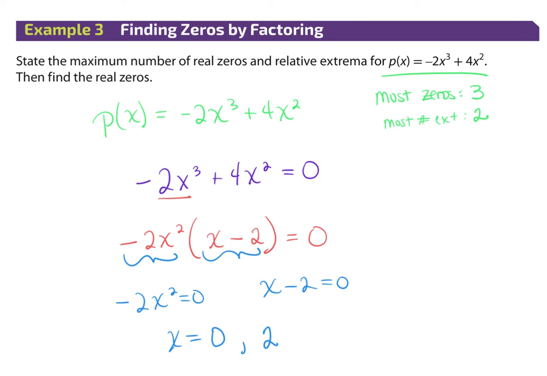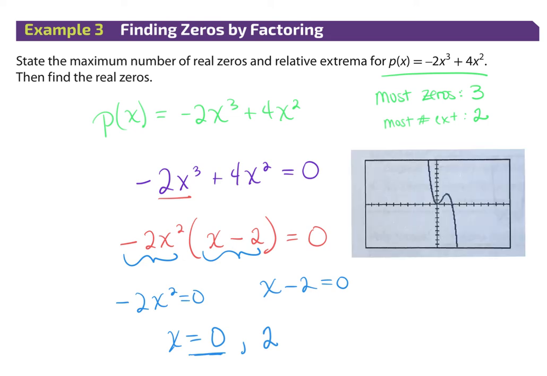Now, if you were to graph this function, and they show you in the book the graphing of this function, you will notice that here it doesn't actually go through the x-axis. It actually just touches it. So if I look at the graph, you'll notice that here it got all the way there, but it bounced off and went back, and here it actually cut through.